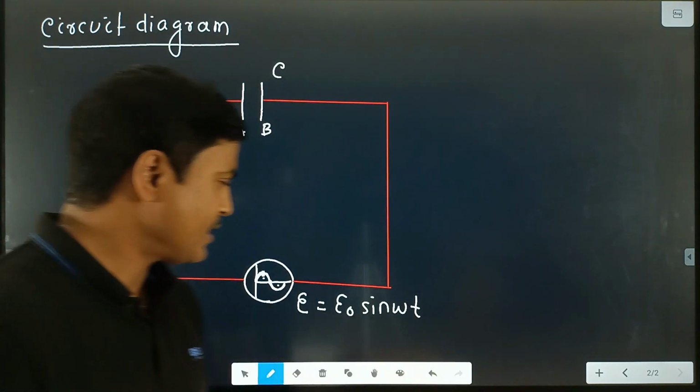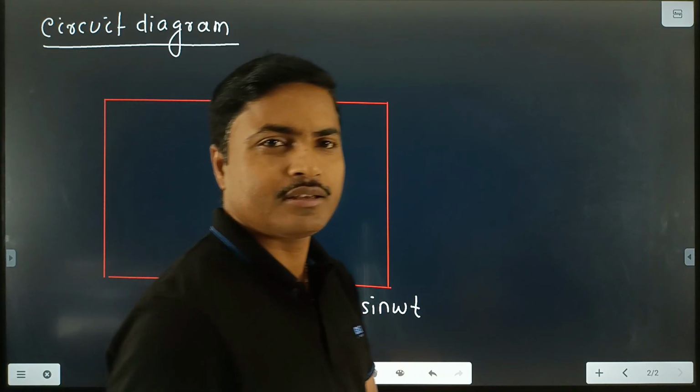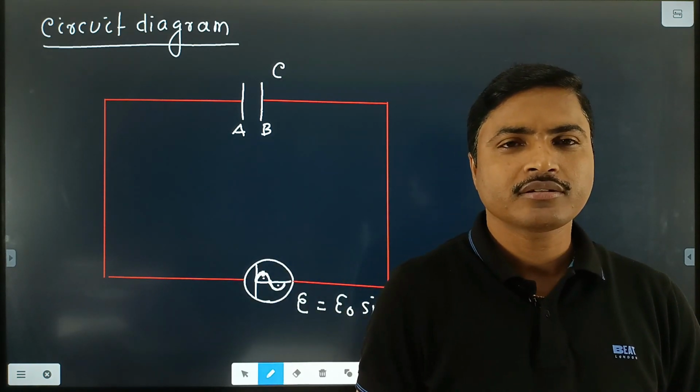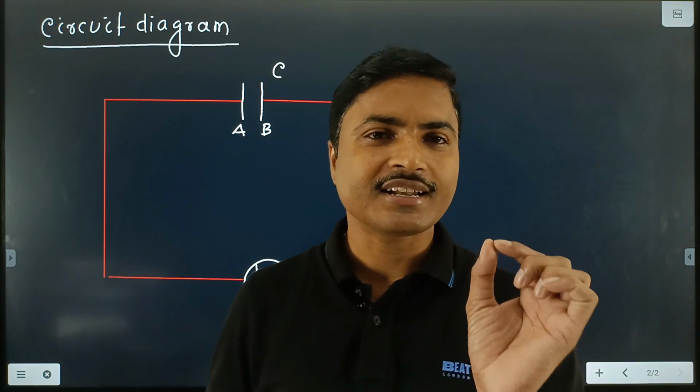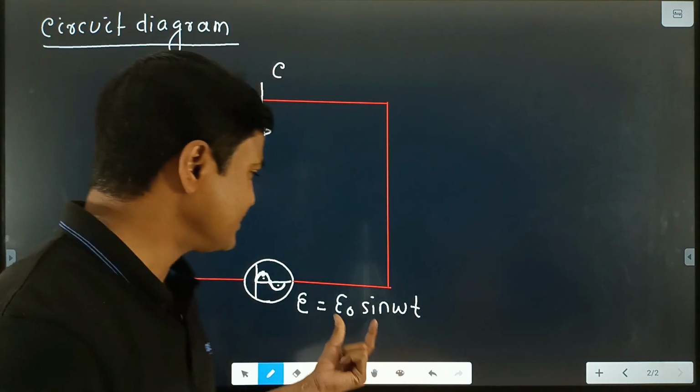And here the applied EMF is given, E is equal to E0 into sin omega t, and we will calculate the instantaneous value of current at any instant of time from this expression.